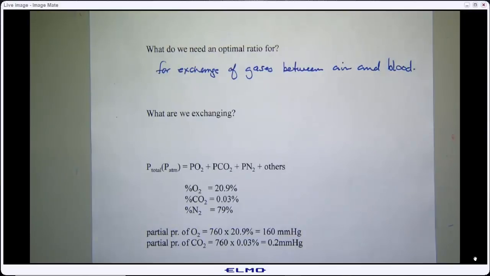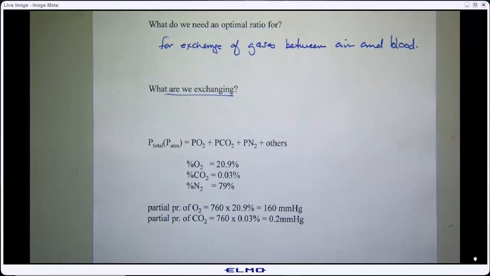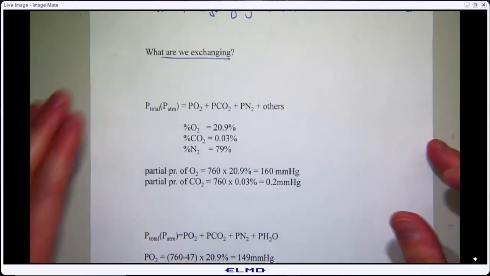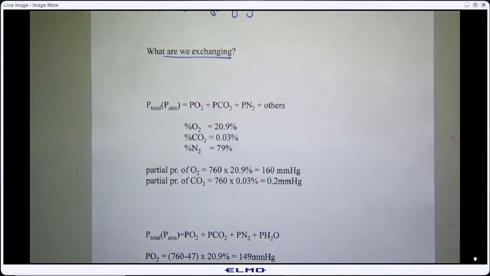So critical about this thinking is, what are we exchanging? Just a real quick nip back to first year chemistries, biochemistries, all that kind of stuff. What are we exchanging? Obviously oxygen, CO2.